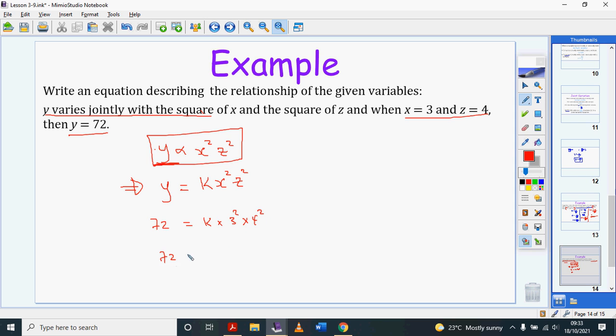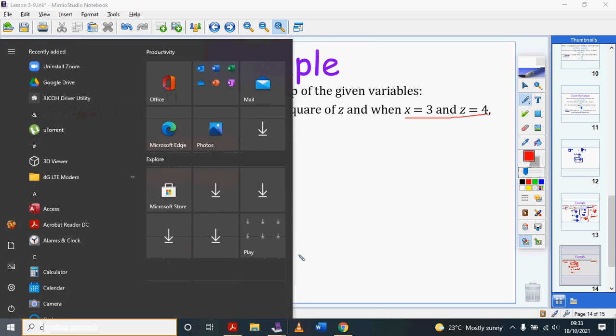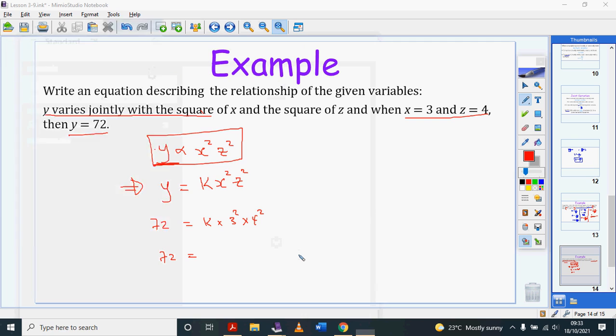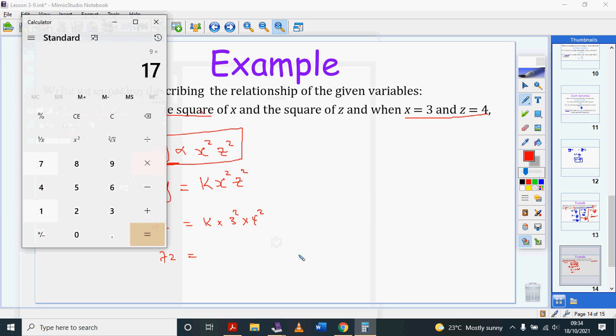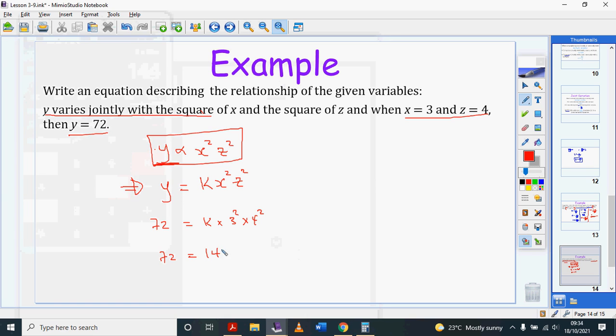So I have 72 is equal to 3 squared is 9, 4 squared is 16. 9 times 16 is a big number. What's 9 times 16? 144. Yay. 144k. Alright, divide by 144.